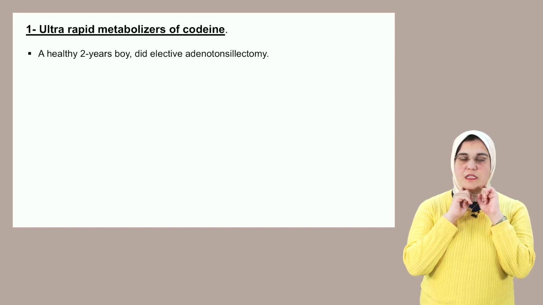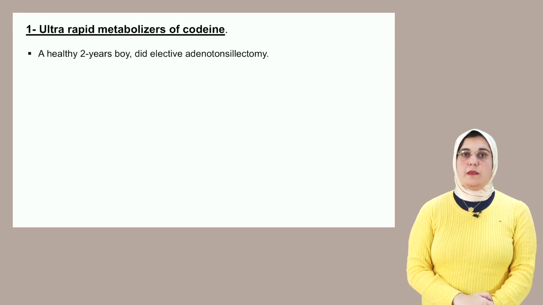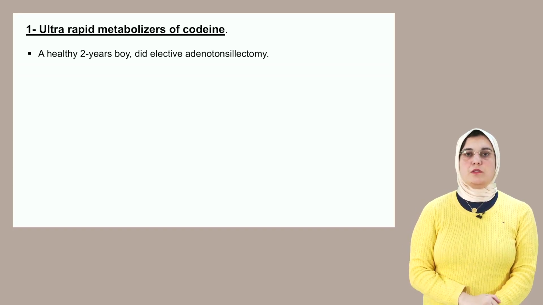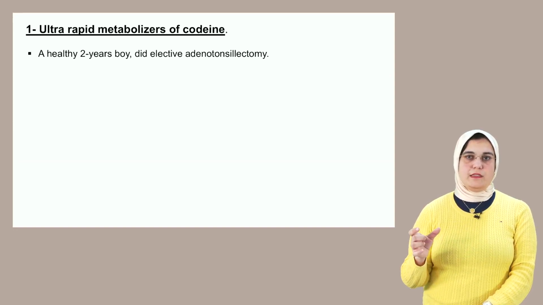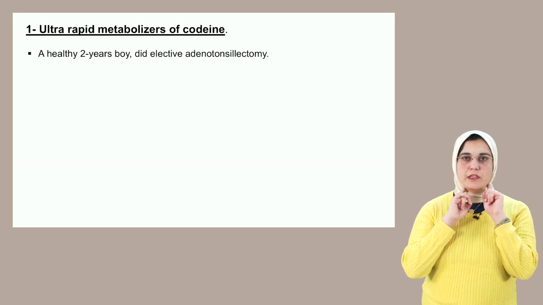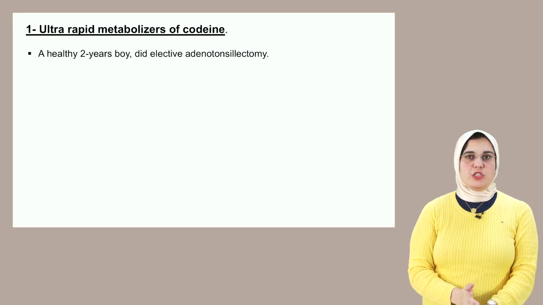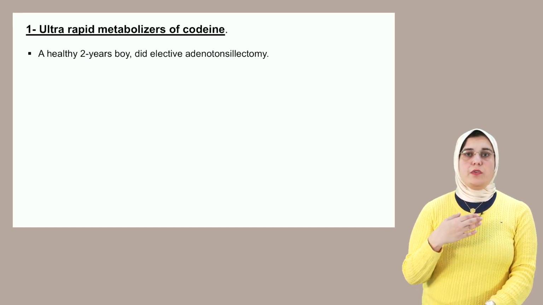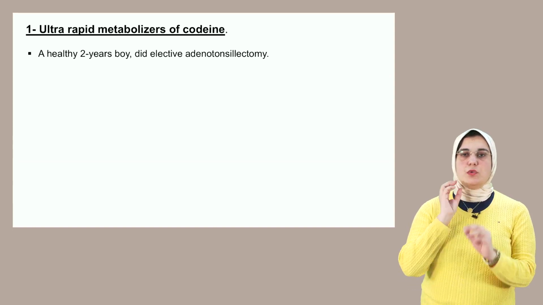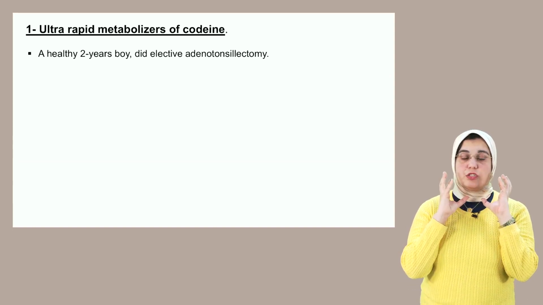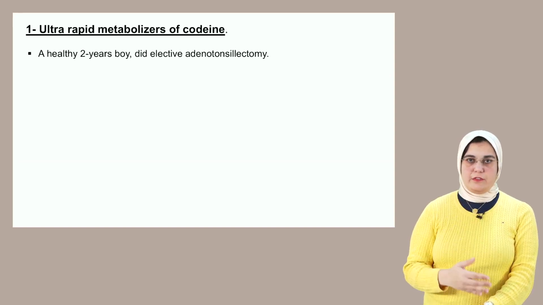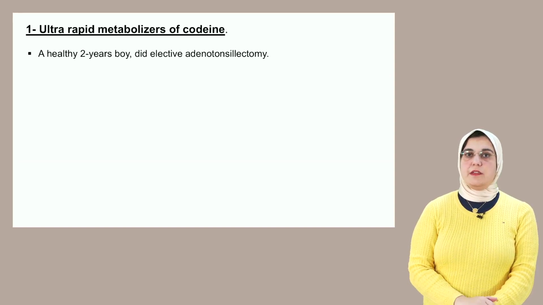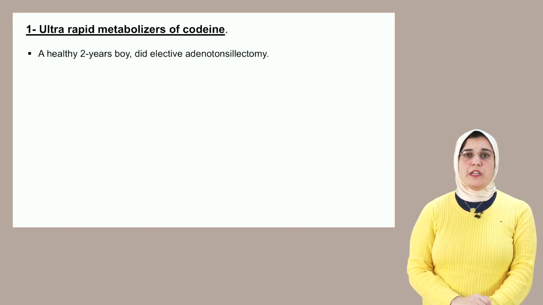Ectomy means removal. So it is removal of the tonsil glands. It's very common for children because they have repeated infections, so these glands are enlarged and they prevent the child from breathing effectively and affect their growth. So this operation is very common in children.